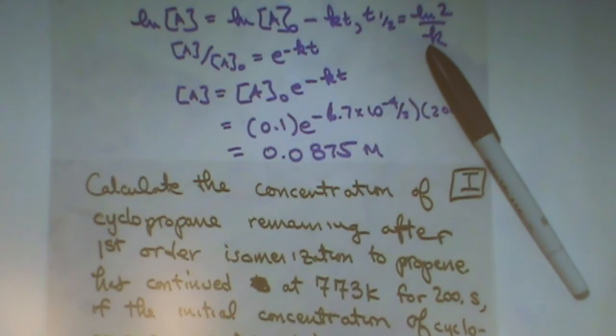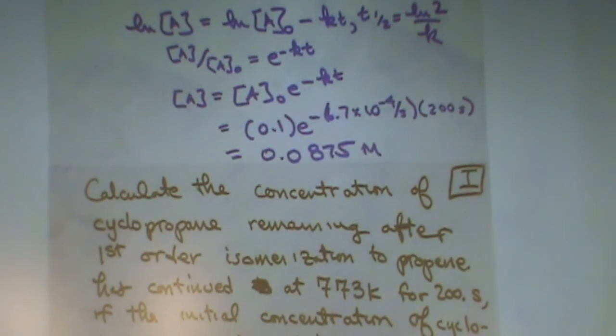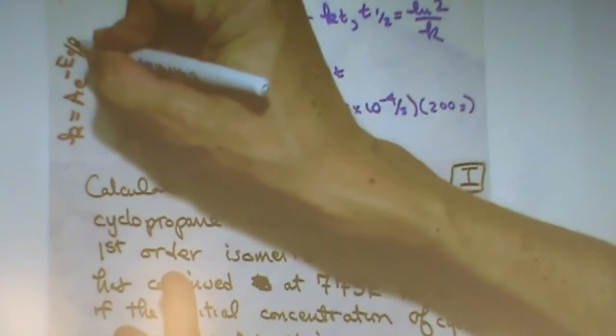Would Arrhenius be part of this? It could be possible. It's not possible in the way the question is worded, but if the Arrhenius was part of this, let me write it here on the side. k equals A e to the minus Ea over RT.